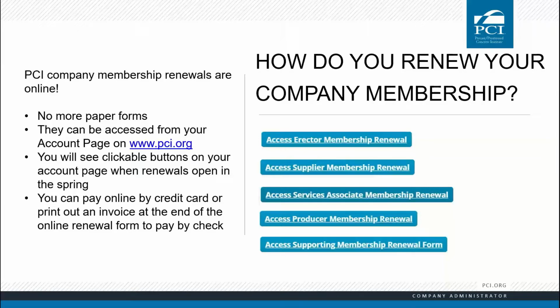You will be able to access the form on your account page on PCI.org. Depending on your company membership type, you will see one of these blue buttons on your account page. These buttons open the online renewal form. Once you complete the renewal form, you'll be able to pay for the membership online by credit card or print out an invoice to pay by check.